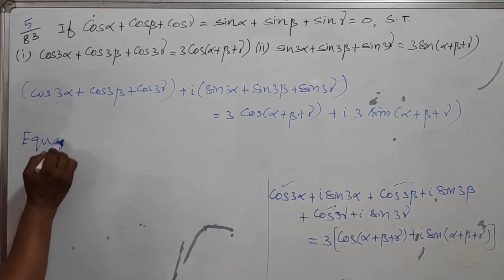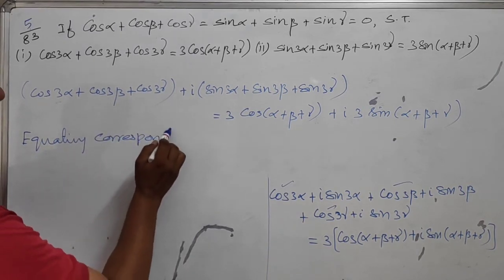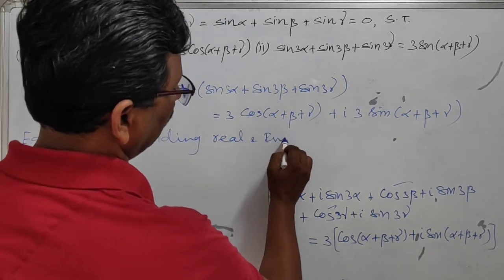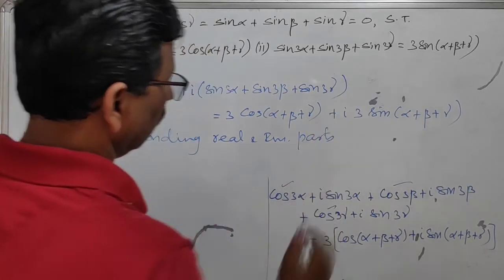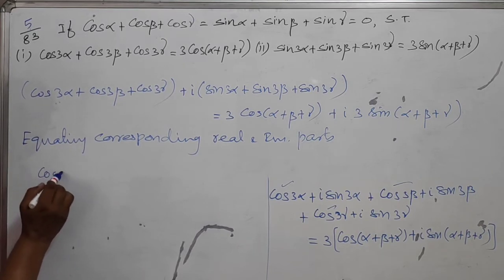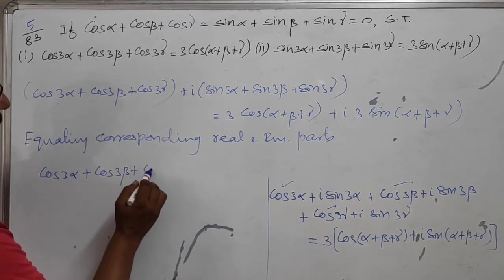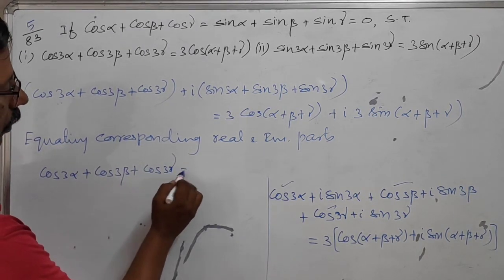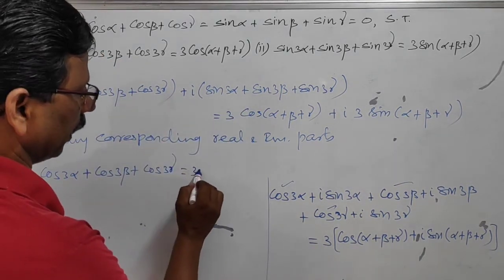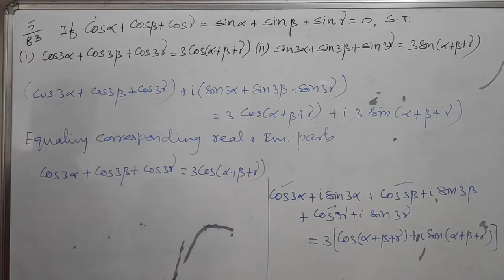Equating corresponding real and imaginary parts, we get the real part: cos 3 alpha plus cos 3 beta plus cos 3 gamma, which is equal to, left hand side this is the real part, right hand side this is the real part, 3 times cos of alpha plus beta plus gamma.